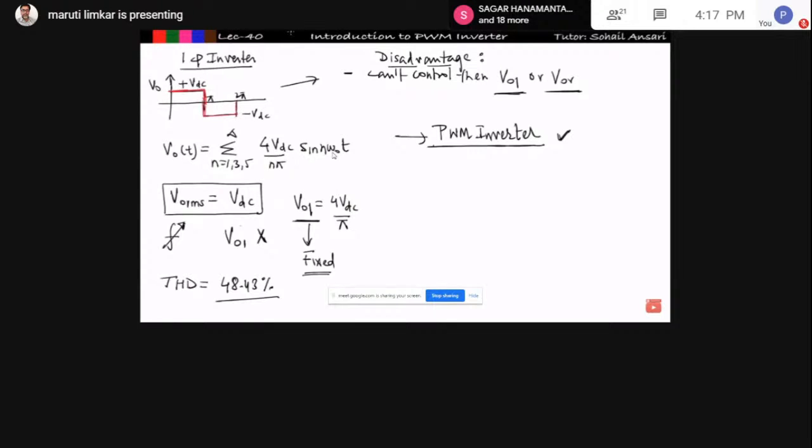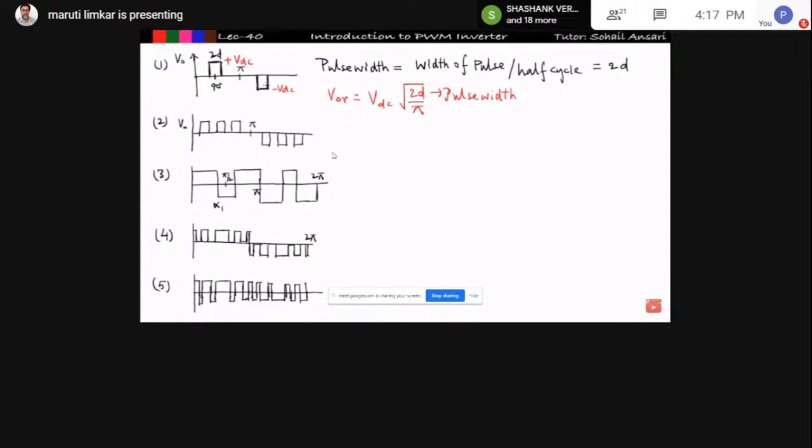But now in this case, we can vary the pulse width by turning on and turning off the different switches of the single phase inverter. If I turn on S1 and S2 for this duration, it will give me the output voltage in the positive half cycle like this. And if I turn on S3 and S4 during the negative half cycle, the output voltage I will get is equal to minus VDC.